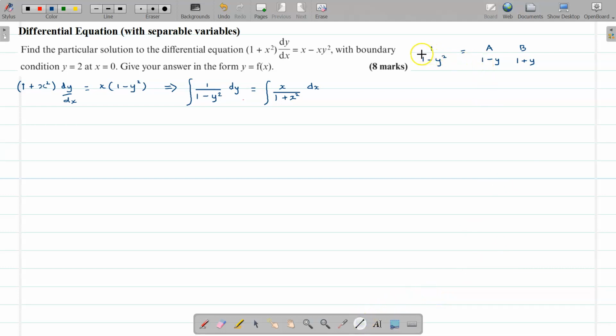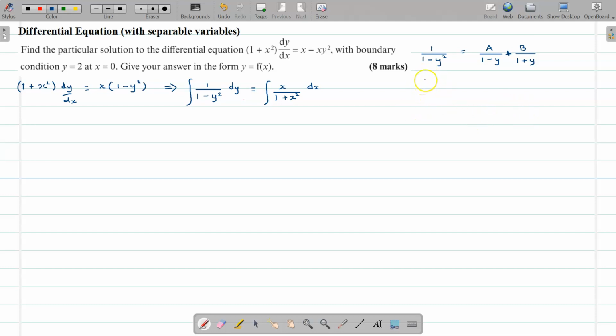Just be very careful here with minus signs and so on. I'm putting a plus sign between those two because we don't know what a and b are at this stage, and remember that a and b may be integers or they may be fractions. So let's solve that and find out what they are.